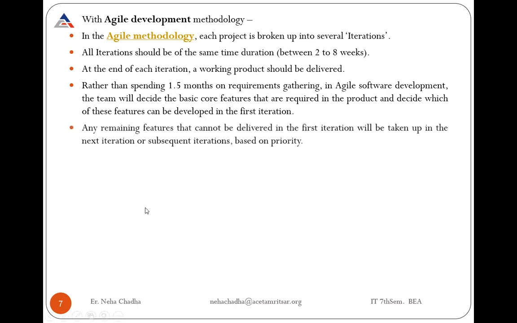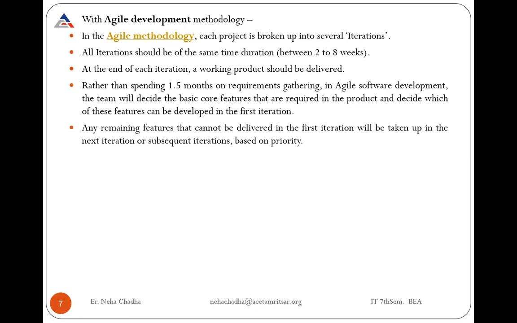Any remaining feature that cannot be delivered in the first iteration will be taken up in the next or subsequent iteration based on priority. Again, when we launch our product after 1.5 months, the team will find out what updates are required in the software or application that can be forwarded to the clients or customers in the next iteration.